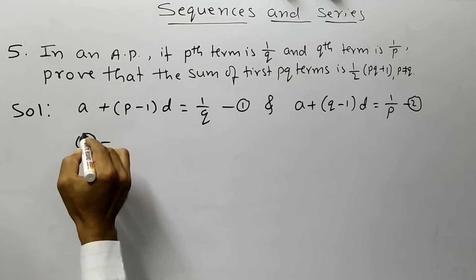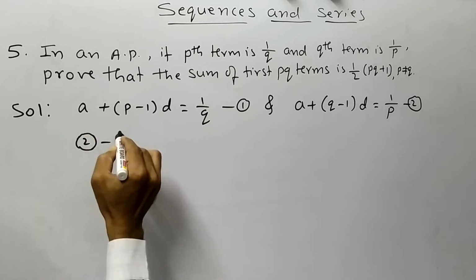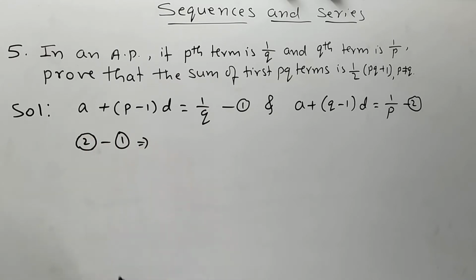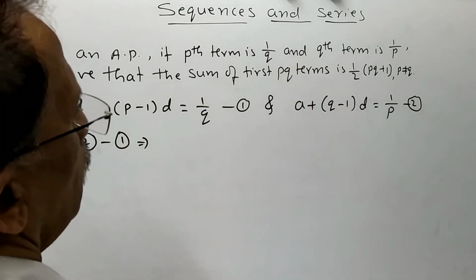2 minus 1 implies a minus a will get cancels.